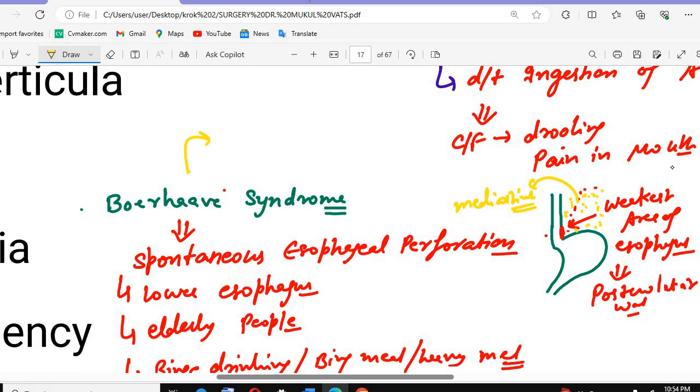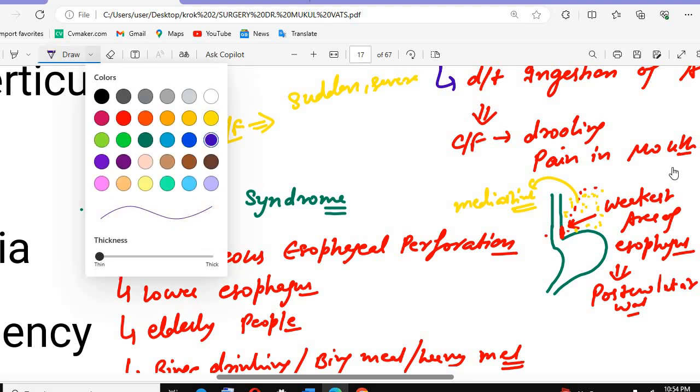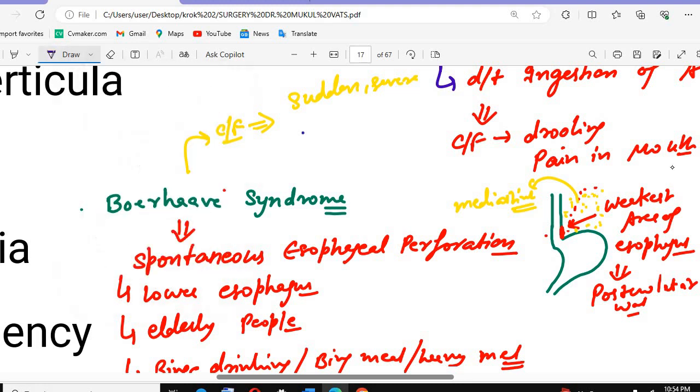There is sudden, severe pain in the chest, and it radiates to the left shoulder and to the left arm.